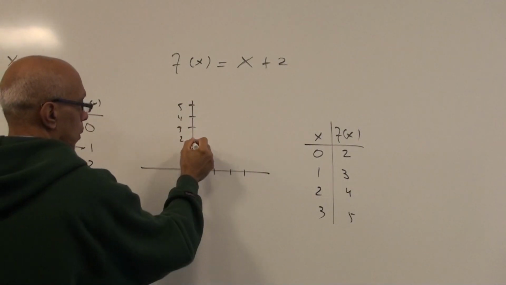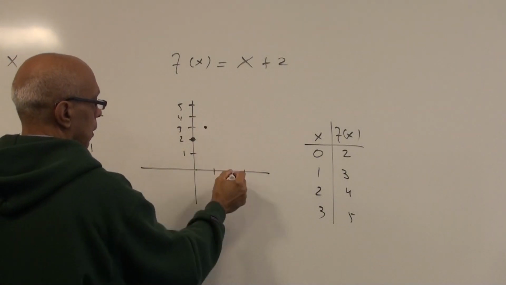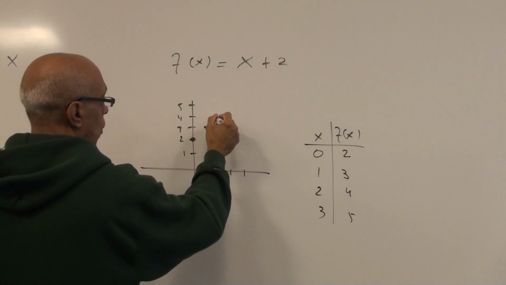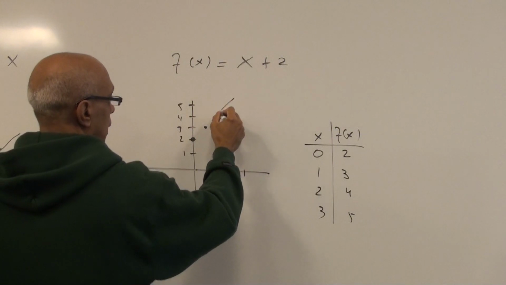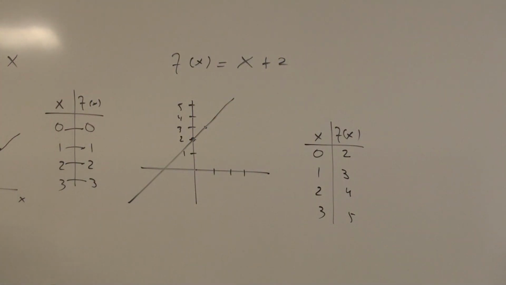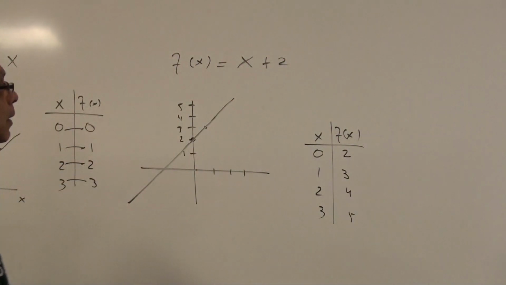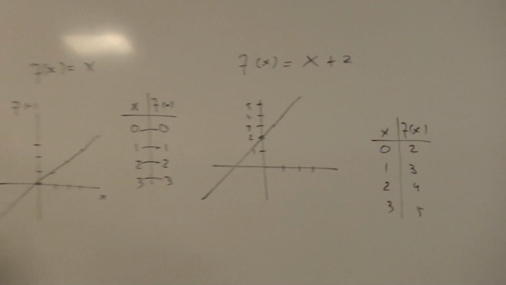When it's 0, it's 2, that's correct. And then 1 is 3, is here. Then 2 is going to be 4. And then I can graph that here. So what happened when I add 2? What happened to this line? It moved up, right? By adding 2, the line just moved up. Okay. That's important to know.